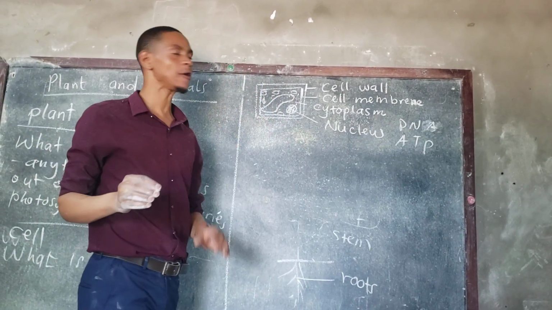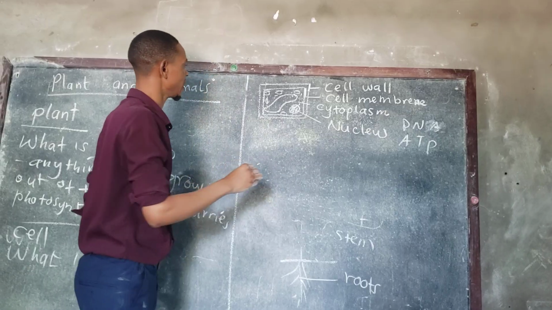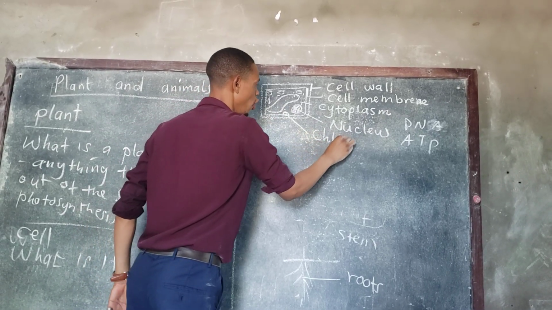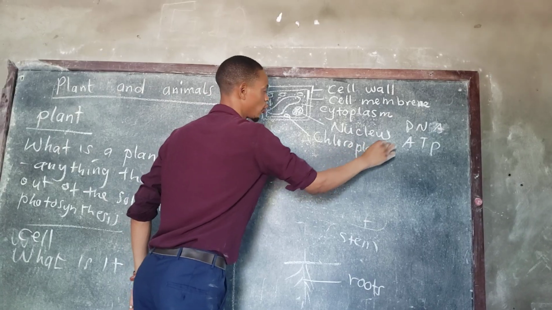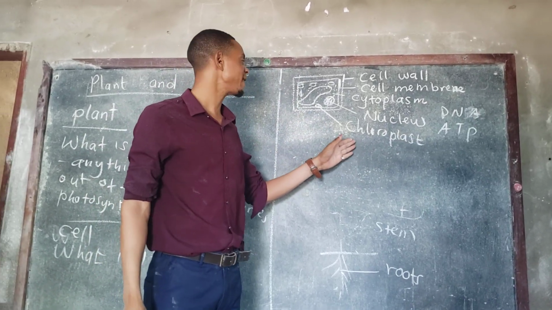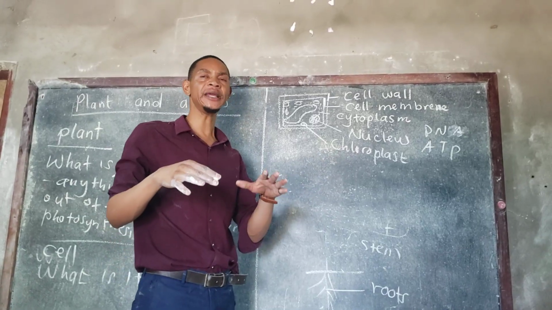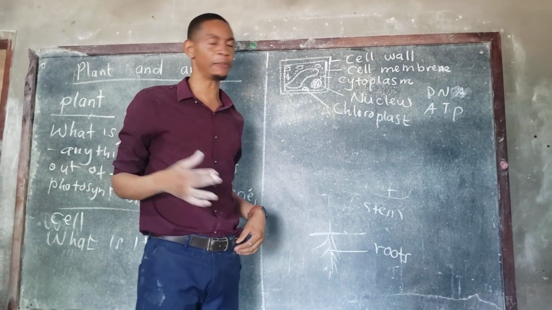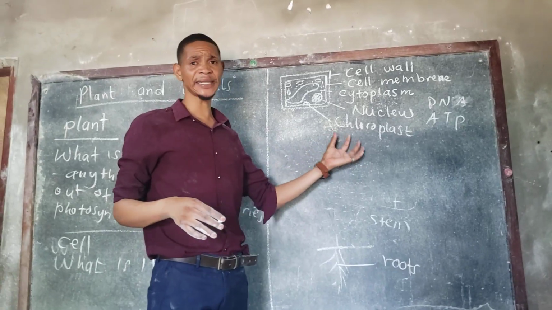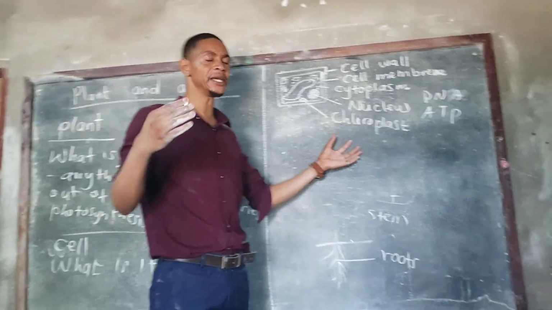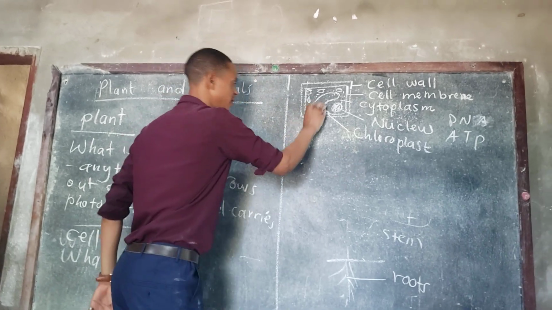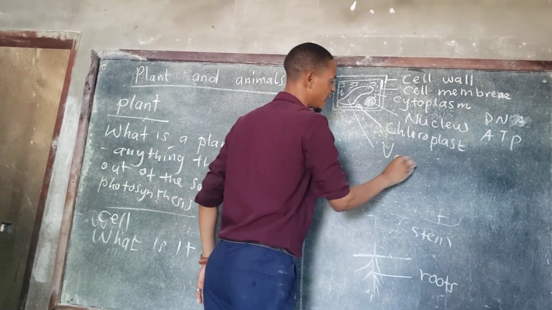Then the other part of a plant cell is known as the chloroplast. The chloroplasts are found in the green areas of a plant. A chloroplast is a structure that absorbs light during the process of photosynthesis. Then I've got this one called the vacuole.